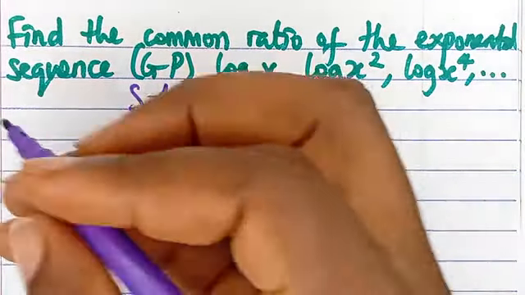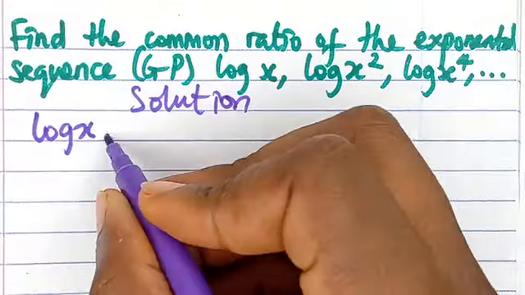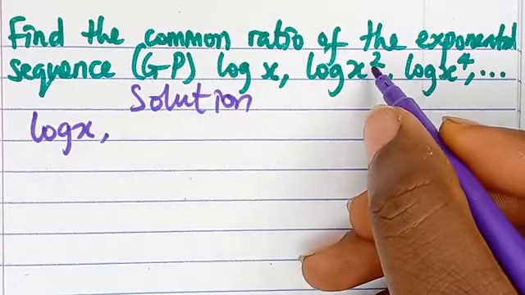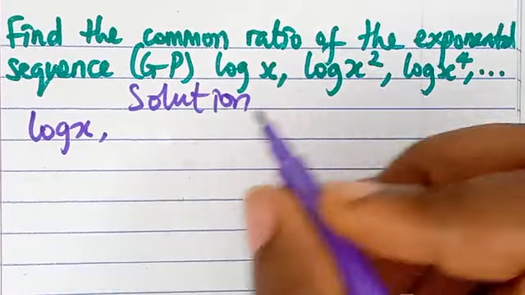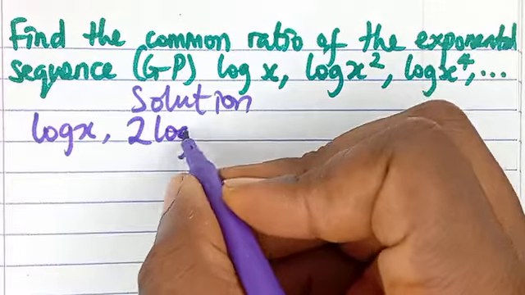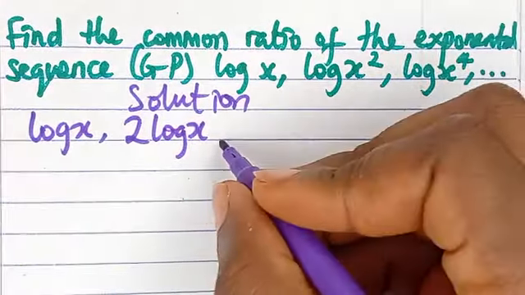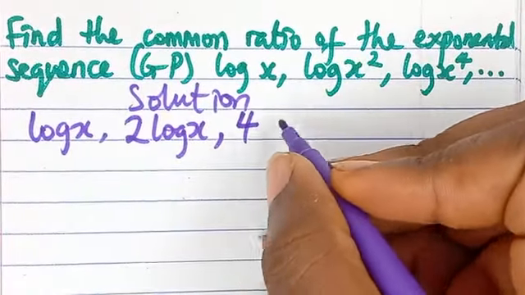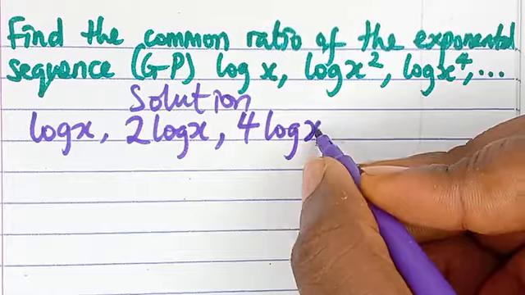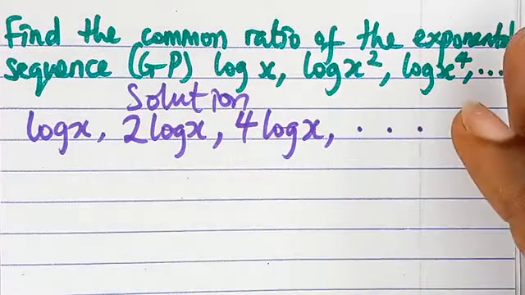Don't just get scared. We have log x. Remember, log of a term raised to a power, so we can write this as 2 log x. That's another form of writing this. So this becomes 4 log x, and so on. So it's now easier on the eyes, right?